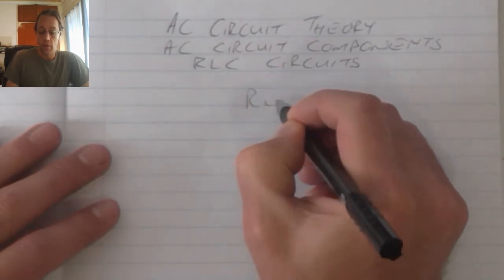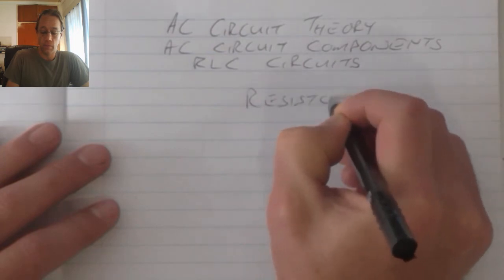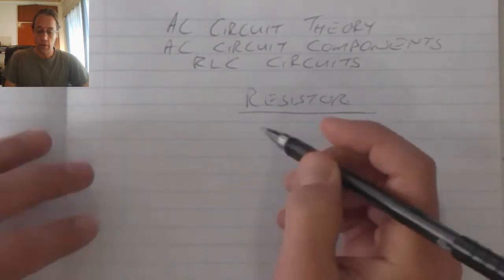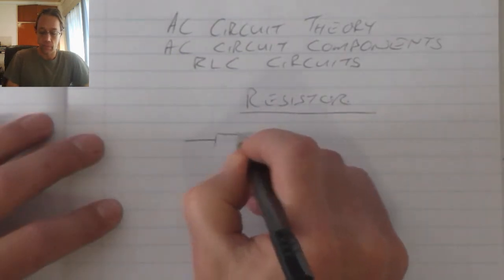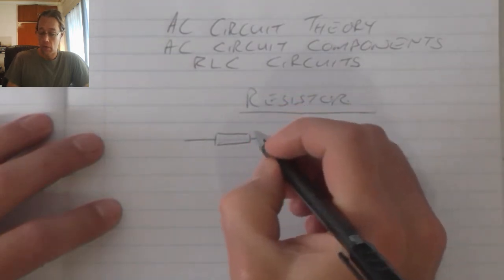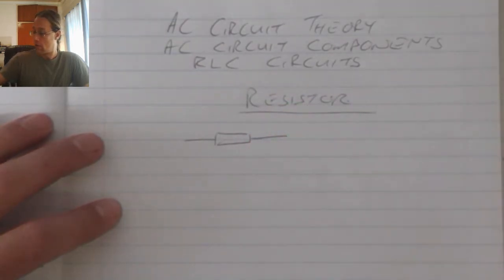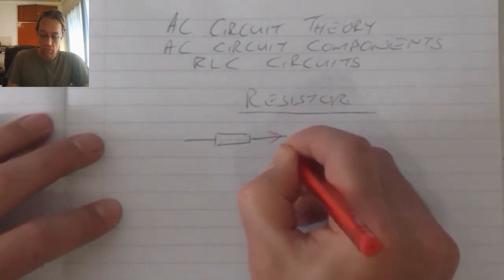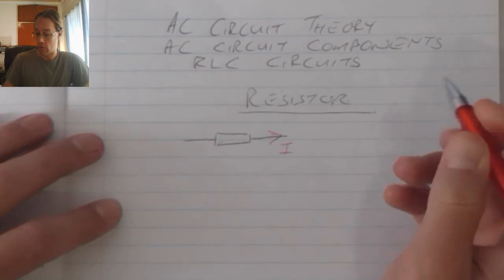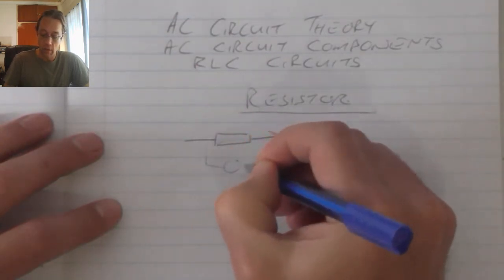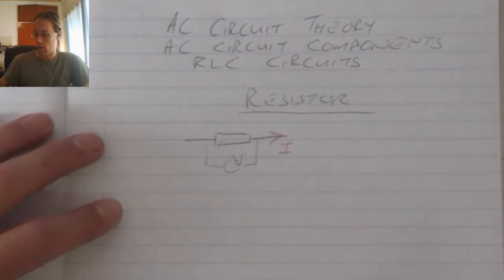First component is the resistor. When a resistor is connected into a circuit with an alternating supply, we know that when current flows through the circuit and current flows through the resistor, we will develop a voltage across that resistor.